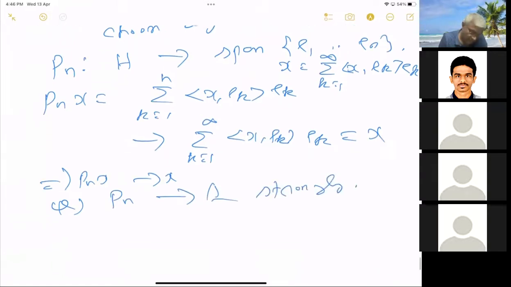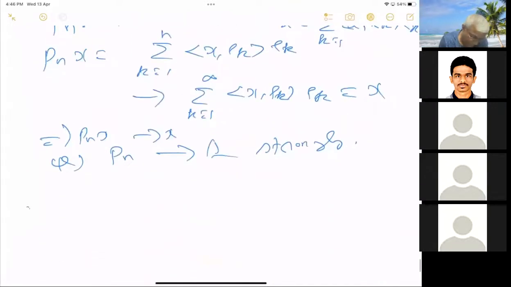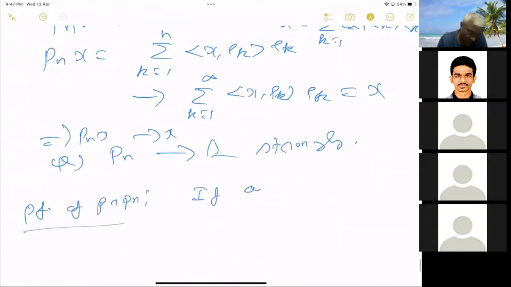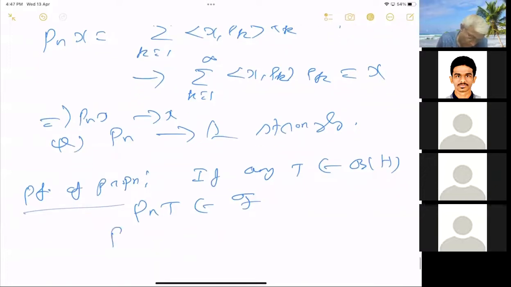Now, to prove this proposition, for any T in B of H, PnT is finite rank. Pn's are finite rank projections, so if you multiply by T, it's finite rank. Now PnT converges to T strongly.